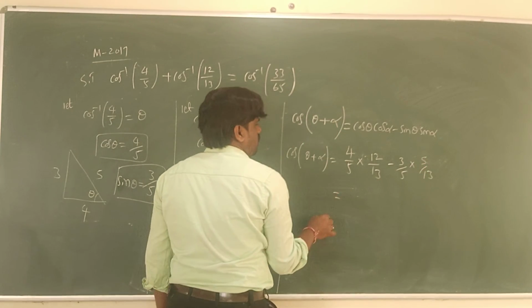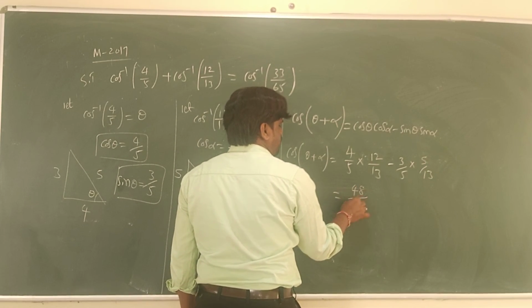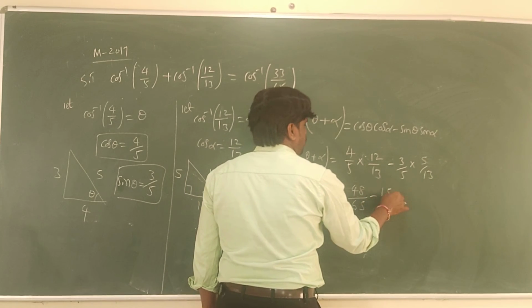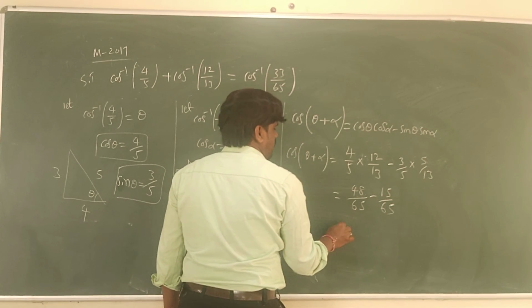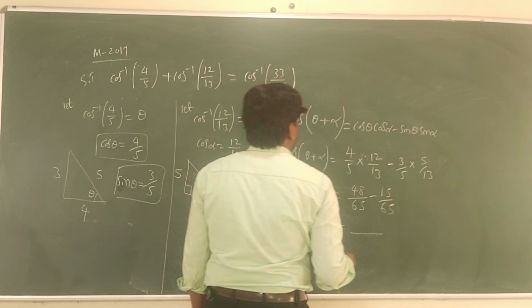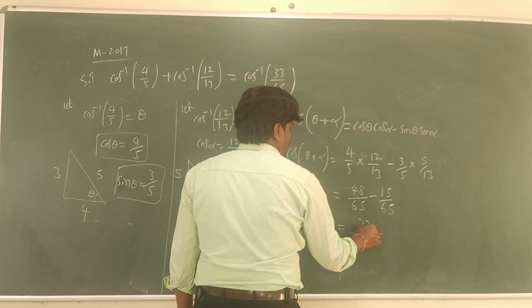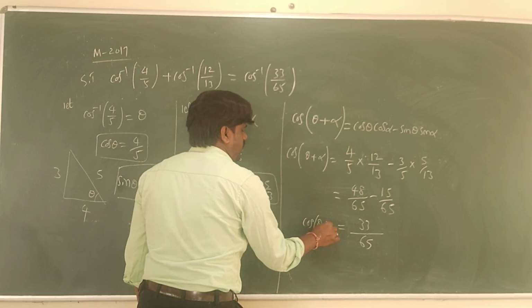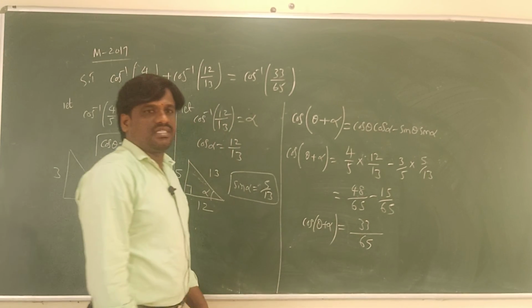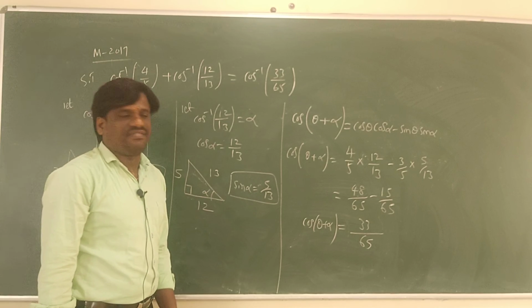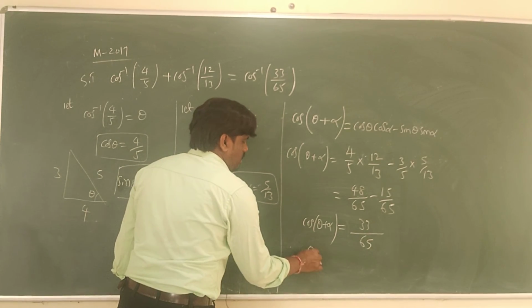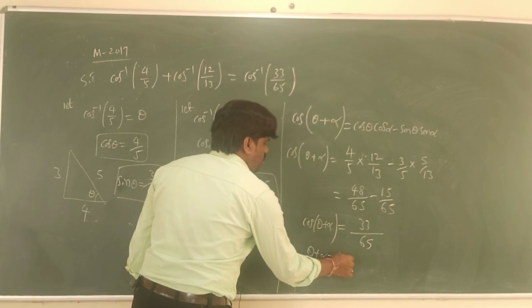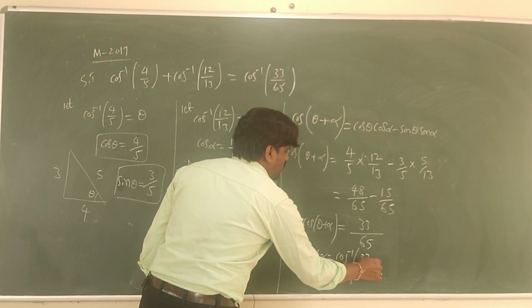Multiplying this, I get 48 by 65 minus 15 by 65. How much do I get? 48 minus 15 is 33. So 33 by 65. Cos of theta plus alpha came as 33 by 65. So theta plus alpha is equal to cos inverse 33 by 65.